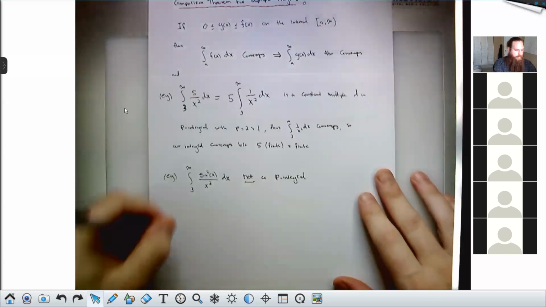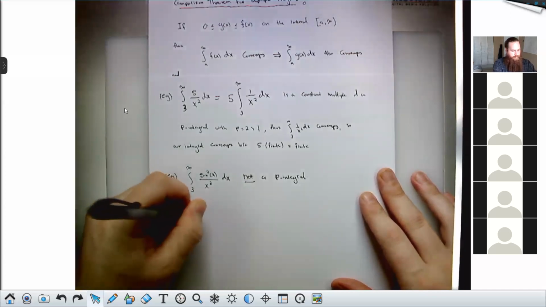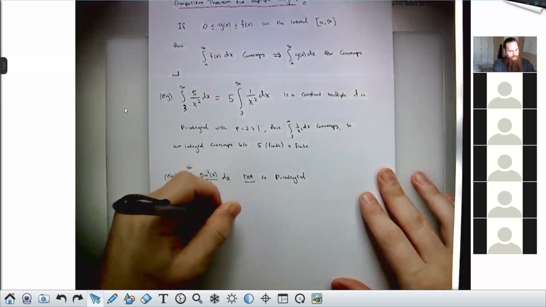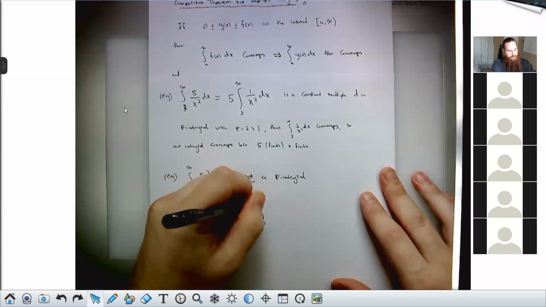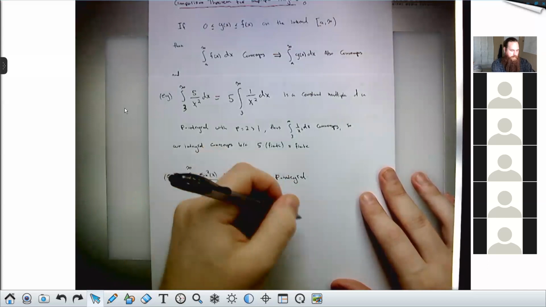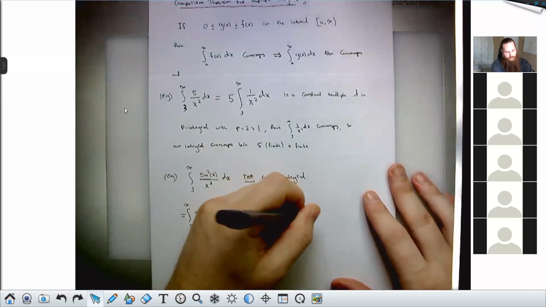I follow what you're saying. It is true that this is the integral from 3 to infinity of sine squared x times 1 over x squared dx. That's true. But this is not equal to the integral from 3 to infinity of sine squared, plus or times or anything, the integral of 1 over x squared.